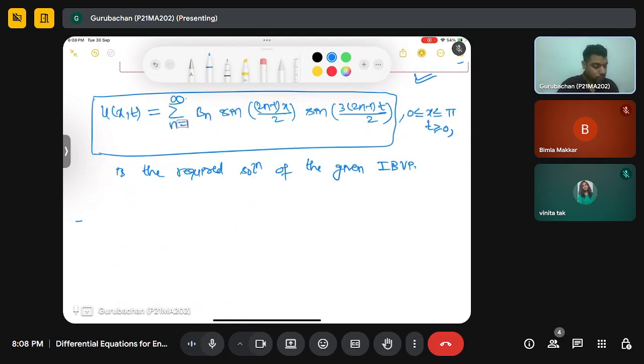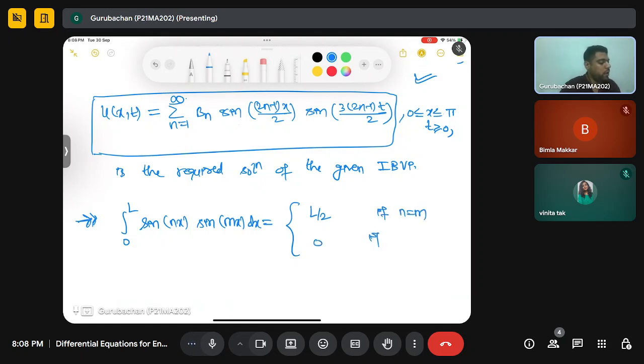So we are left with that orthogonal property that I told you. I'll discuss that: the integral 0 to L of sine nx sine mx dx is L by 2 when n equals m, and 0 when n is not equal to m. You just need to apply the sine A plus sine B property, and then you will get to know why these integrals are giving this value.